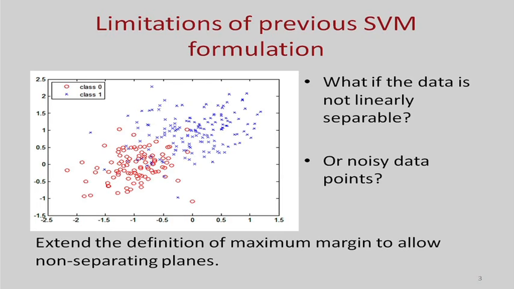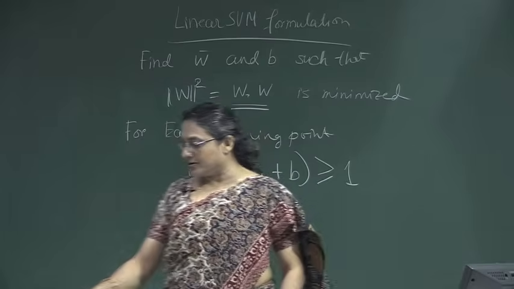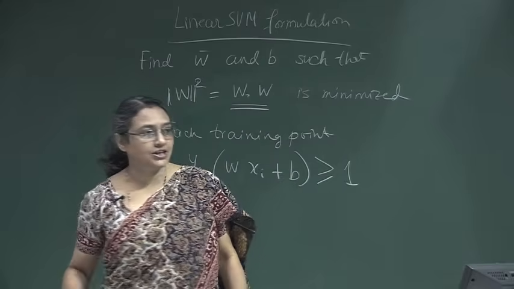So, what we will like to do is extend the definition of maximum margin so that we can allow these non-separable points. Now, we have to redefine our objective function. Earlier we were trying to minimize W dot W. This is no longer sufficient.